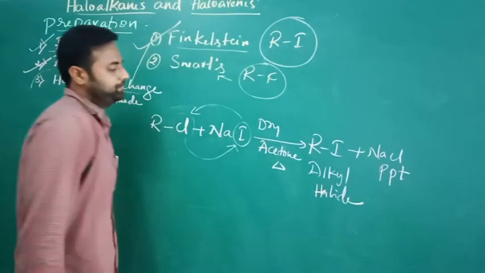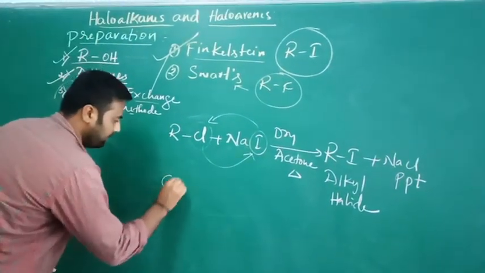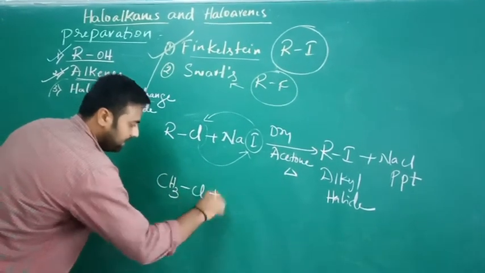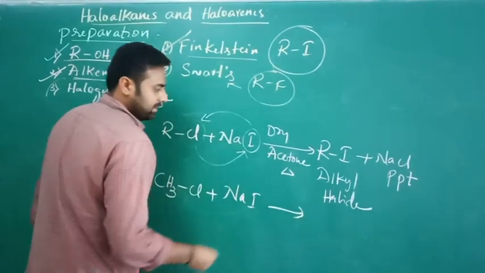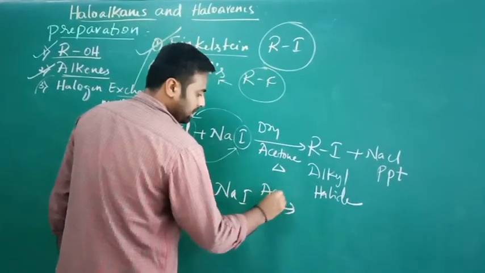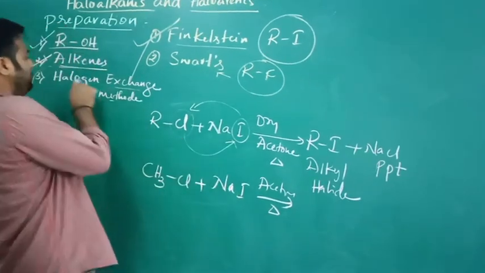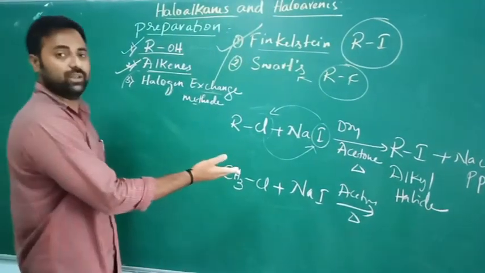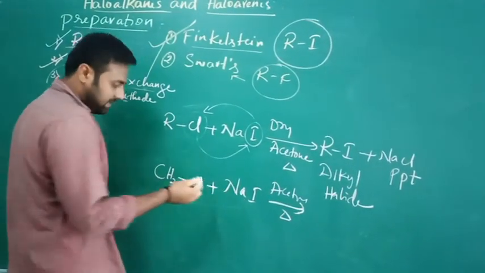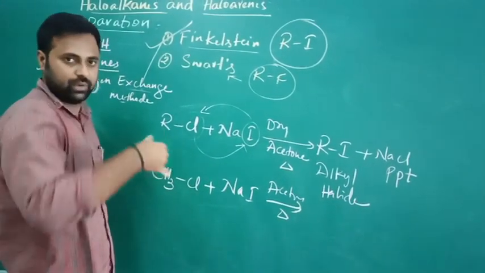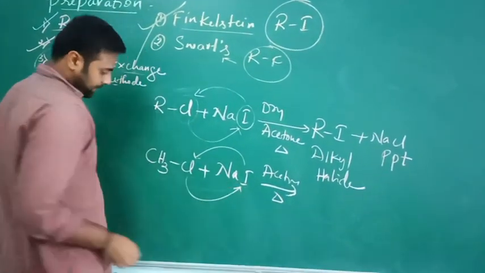This is the general equation. Suppose we take the example of methyl chloride heated with sodium iodide in the presence of acetone. As the name says, it is halogen exchange. That's why it is called the halogen exchange method. The two halogens present in those molecules will exchange with each other. This iodide will exchange with this chlorine.